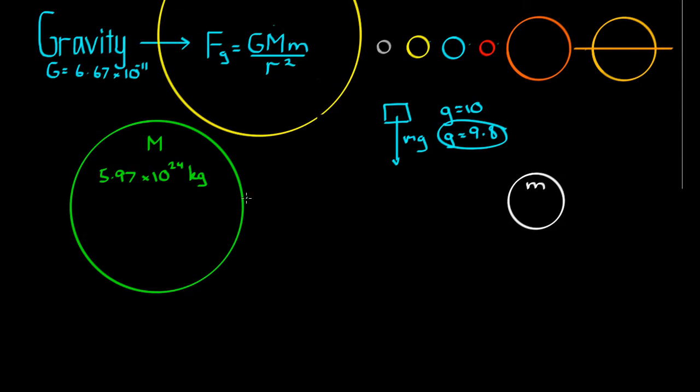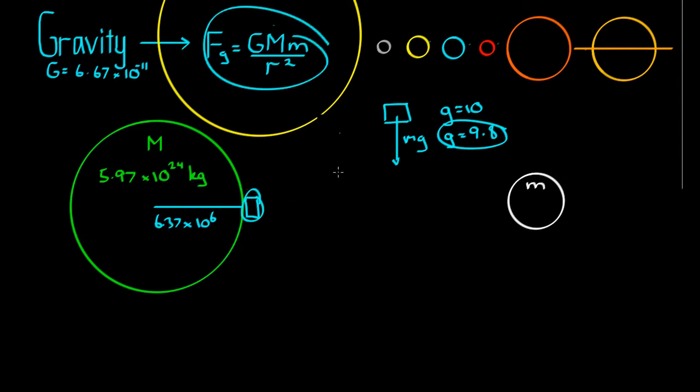So say I've got an object sitting on the surface of the earth there. The mass of the earth hasn't changed. It's still 5.97 times 10 to the 24. G hasn't changed, but certainly the distance between the center of these two objects has changed. It's actually the radius of the earth, which is, I have here, 6.37 times 10 to the 6. Now we know that the force of this object on this object is given by this formula.